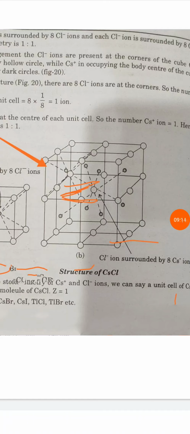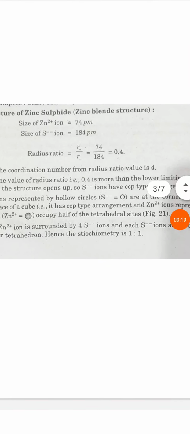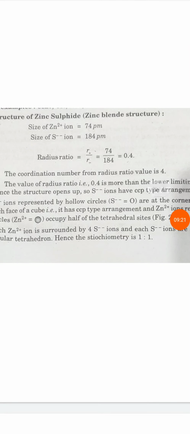Then we study the structure of zinc sulfide. This is also known as zinc blende structure, and in this the radius ratio is calculated, that is size of zinc ions divided by size of the sulfide ions, and the radius ratio is found to be 0.4, and the coordination number from the radius ratio value is 4, and the value of the radius ratio, that is 0.4, is more than the lower limiting value, that is 0.225.